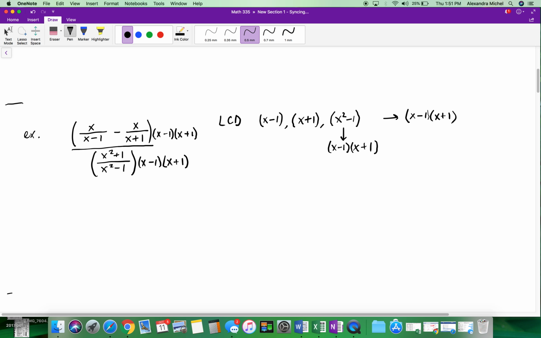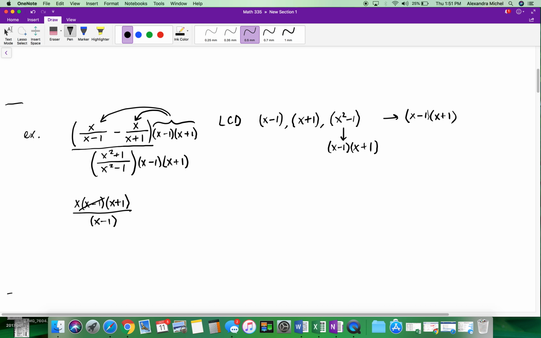Okay, so when I distribute the top, I'm going to write this all out so we don't get confused. So I'm going to distribute this whole thing to this term and to this term, right? So when I multiply it to the first term, I'm going to have x times x minus 1 times x plus 1 over x minus 1.